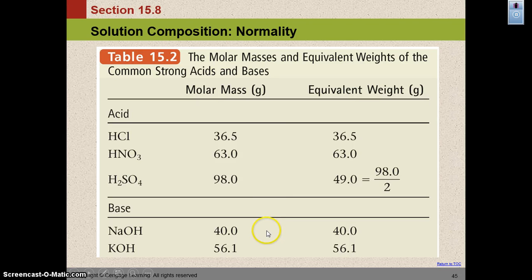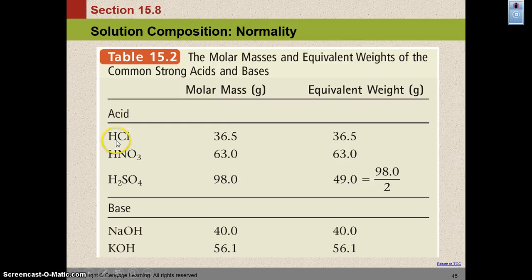All right, let's take a look at this. The molar masses and equivalent weights of common strong acids and bases. We use strong acids and bases because they completely dissociate and ionize in water. So hydrochloric acid, the molar mass, if I add up 1 hydrogen and 1 chlorine, is 36.5 grams. How many moles of hydrochloric acid would it take to give 1 mole of hydrogen ion?